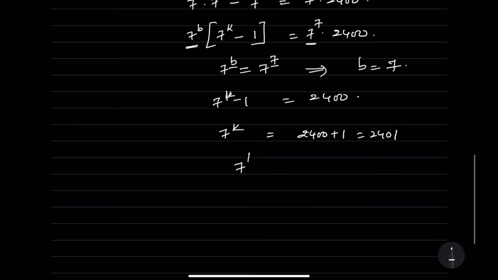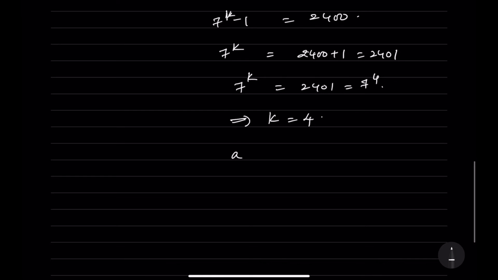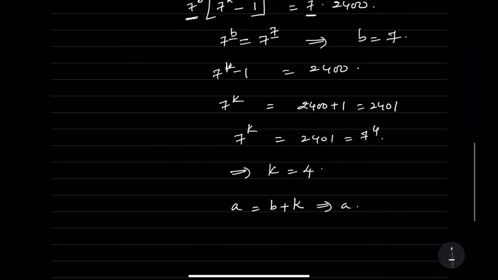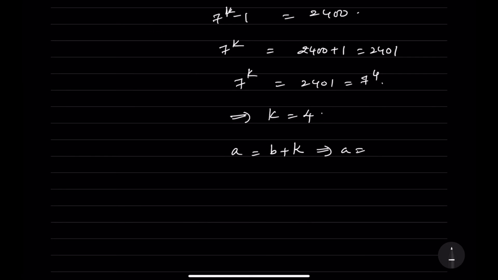So 7 to the power of k is equal to 2401, which is equal to 7 to the power of 4, which implies that k is equal to 4. Now we know that a is equal to b plus k, isn't it? We got b is equal to 7, so a is equal to 7 plus 4, which implies that a is equal to 11.